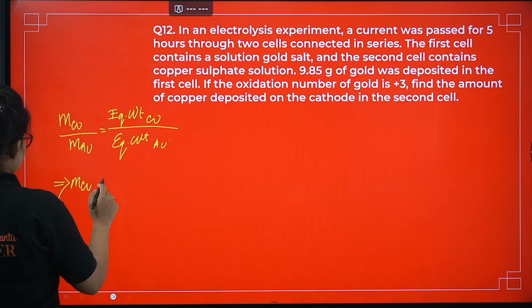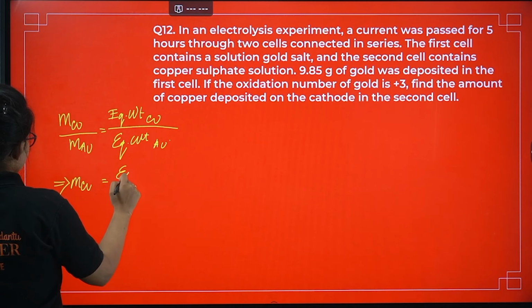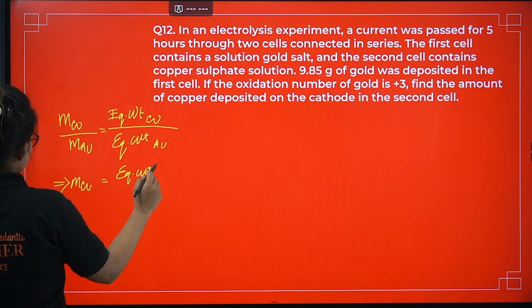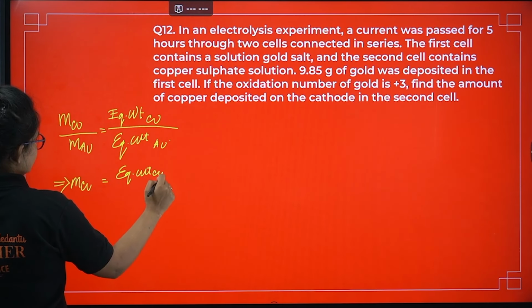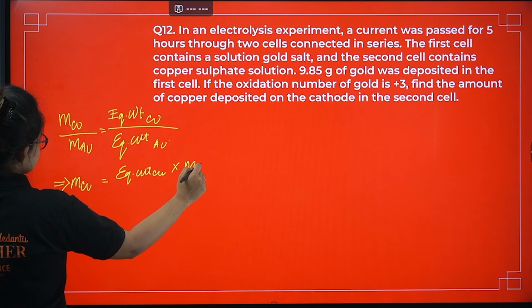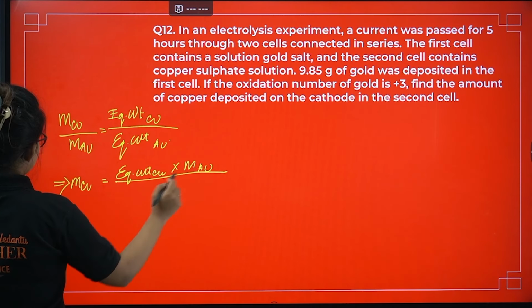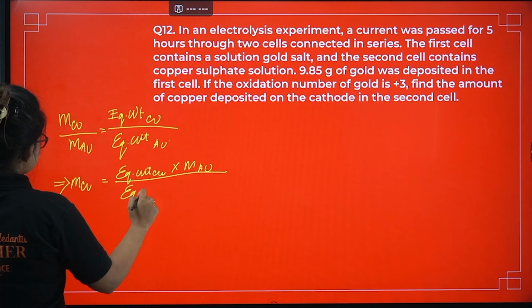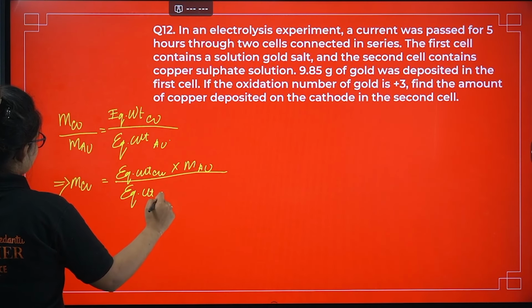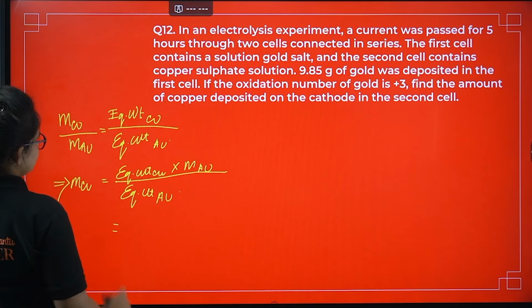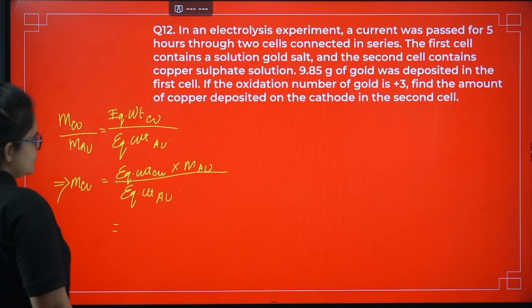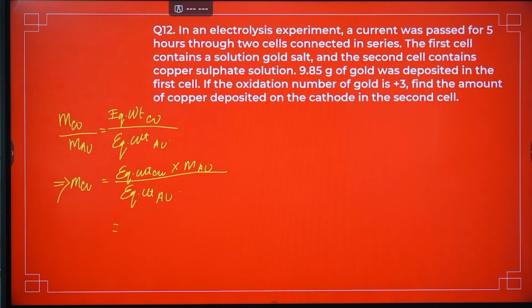Mass of copper you have to find out. So mass of copper equals equivalent weight of copper into mass of gold divided by equivalent weight of gold, that will give you the answer. So I have to find out the equivalent weight of copper and gold.